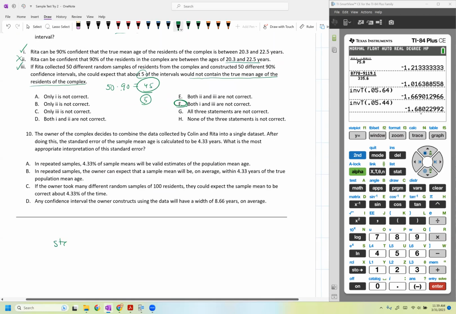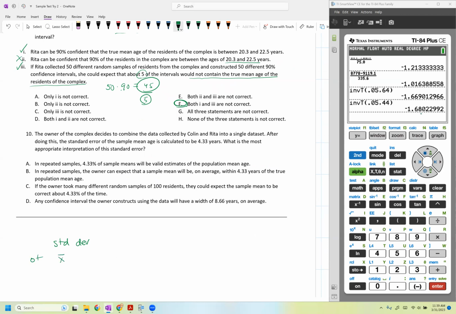The standard deviation of the sampling distribution of X bar would be sigma over root n. And this is the average distance of X bar to the population mean mu.